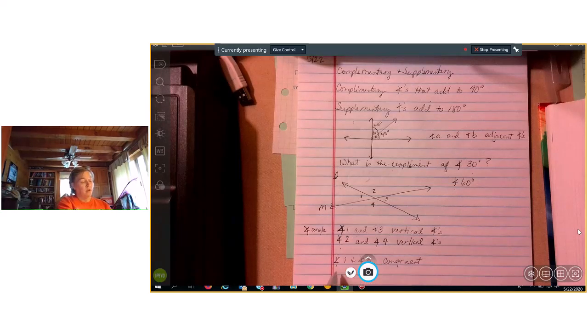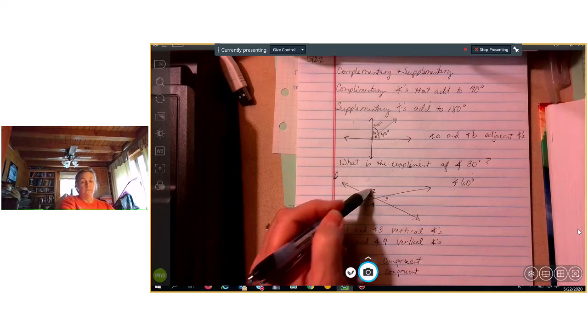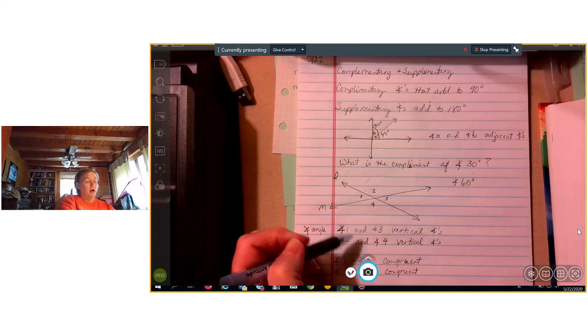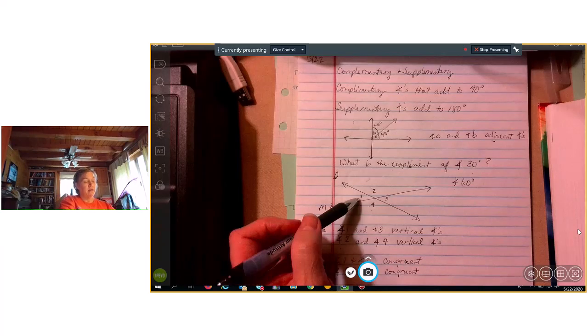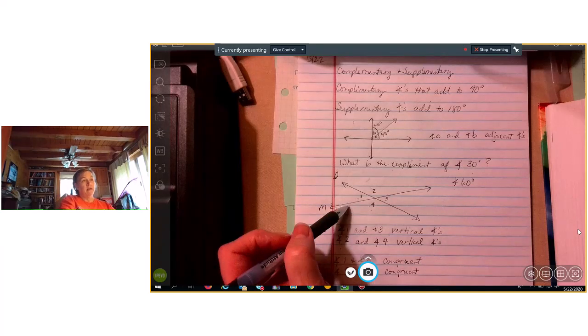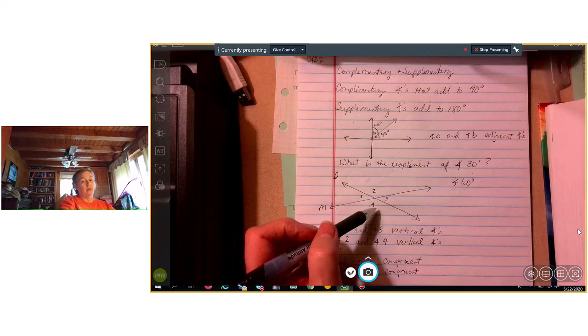So since angle 1 and 3 are congruent, that makes angle 2 and angle 4 also congruent. They have the same measurement if I were to measure these. Now, another question I can ask here is, how many different supplementary angles do we have?